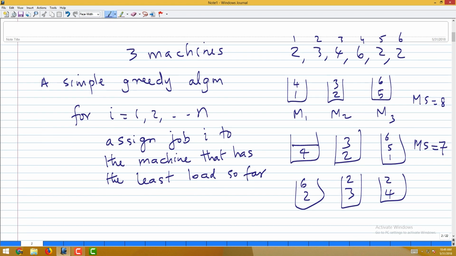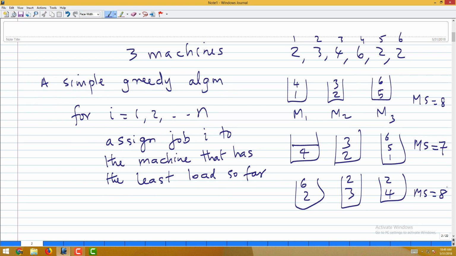The next job was 2, and among all these 3 machines, this had load of 3, this had load of 4, this had a load of 8. So, I picked the one which is the least load and I assigned it here, and the last machine by the same token gets assigned here with a make span of 8. So, clearly this is an ordering where the make span is not optimal, because there is at least a better assignment possible. Even better may be possible, I have not checked, but okay.